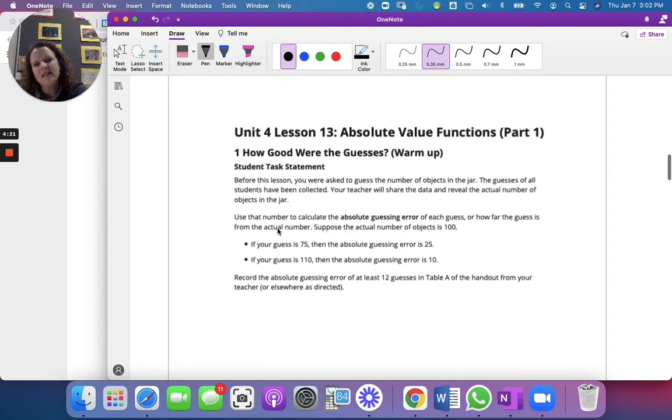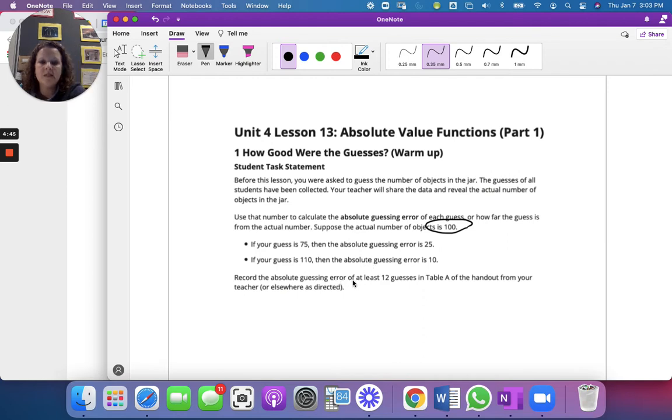Oh, but if we did, if the actual was 100, they're teaching you how to do the absolute guessing error. If your guess is 75, the guessing error is 25 because it's 25 away. If the guess is 110, the absolute guessing error is 10. So it doesn't matter if you guess above or below, you're just finding the absolute guessing error, which is the distance from the actual number to your guess, and it's always positive.